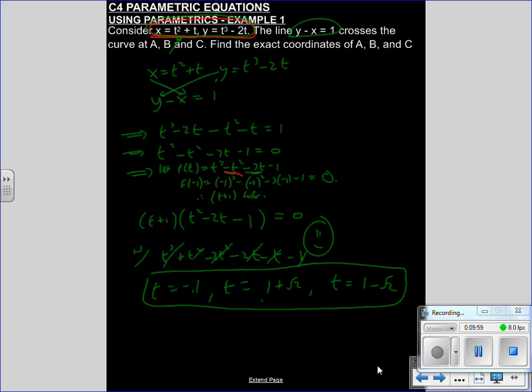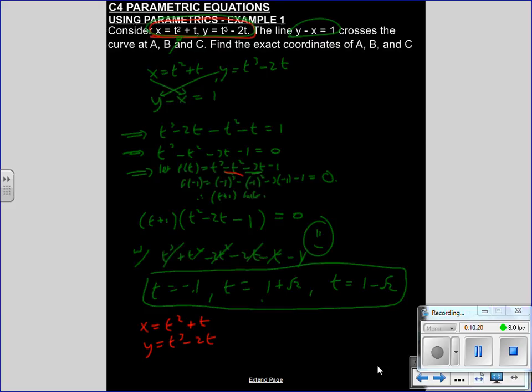The old classic. And now we can find the exact coordinates of A, B, and C. Since t equals minus 1, I know what x is, because x was t squared plus t, and y was t cubed minus 2t.